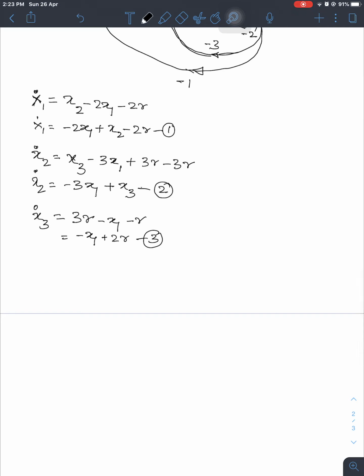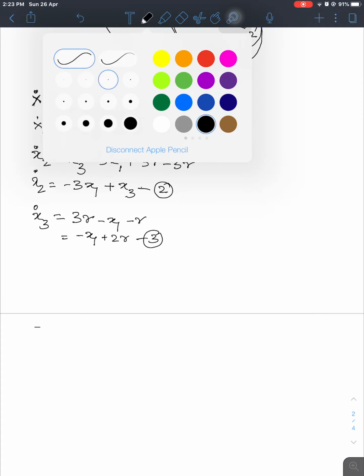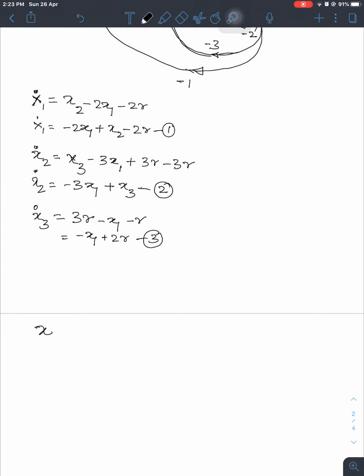I will write it in the vector matrix form, that is x1 dot, x2 dot, x3 dot matrix. If you look at equation 1, we have minus 2 x1, 1 x2, no x3.